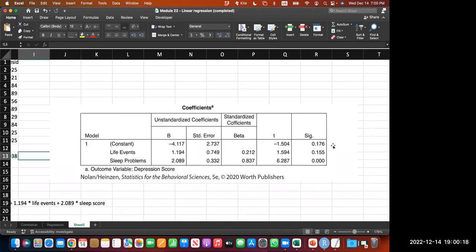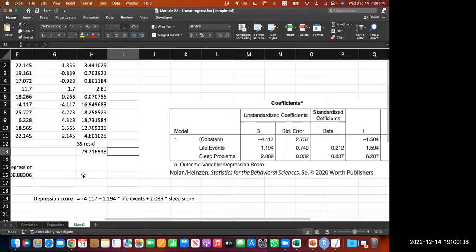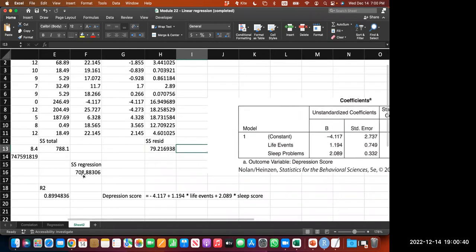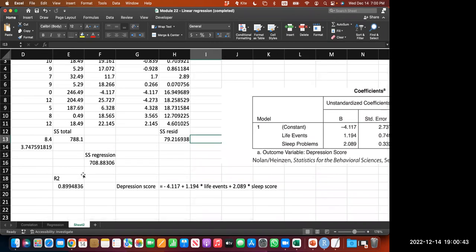The only variable that is significant, the only predictor that is significant, is our sleep problems. And also in regard to our coefficient, this is the most weighted coefficient. So this being said, this is how you utilize a multivariable regression model to predict dependent variables.